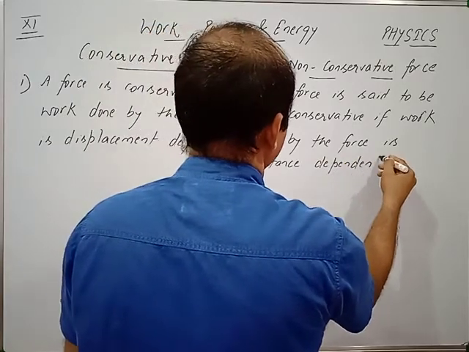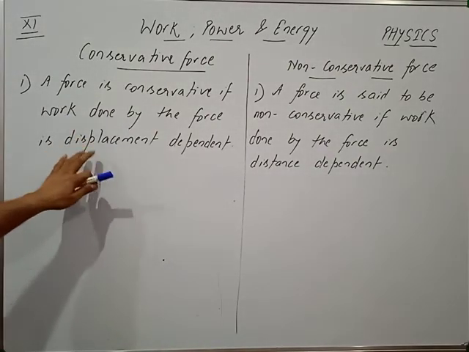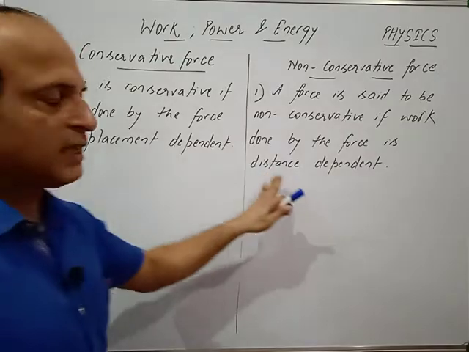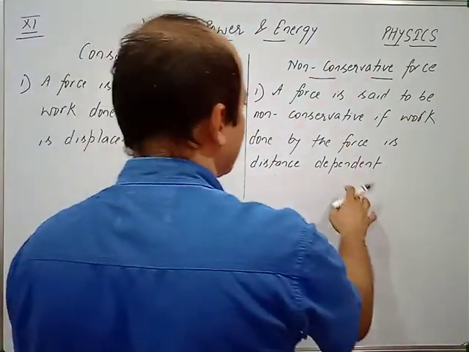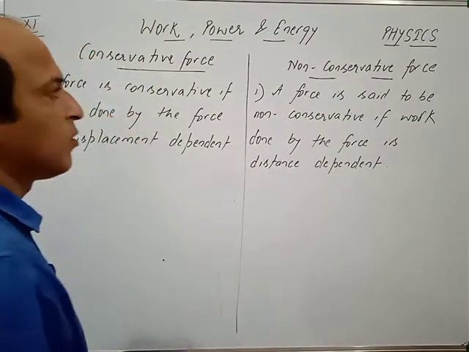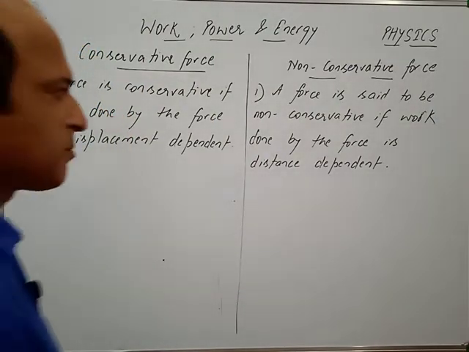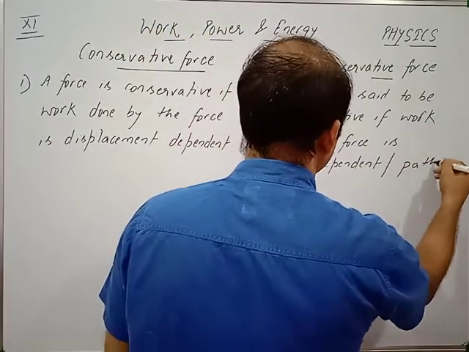Sometimes this can also be stated in another manner. In this case, we can call it path independent work done. In this case, we can call it path dependent work done. So I'm going to write it with the oblique sign. A force is said to be non-conservative if work done by the force is distance dependent or path dependent.